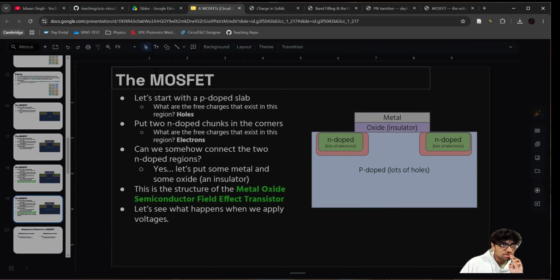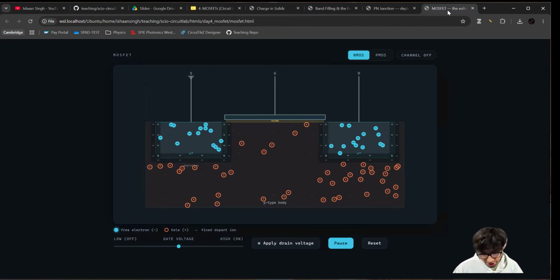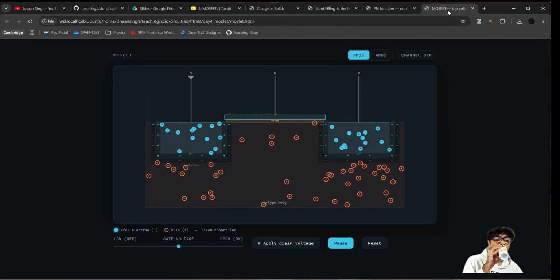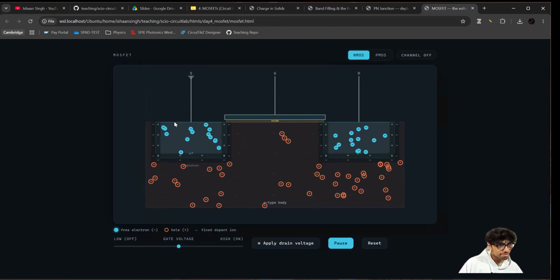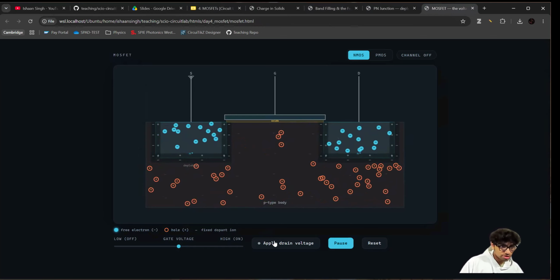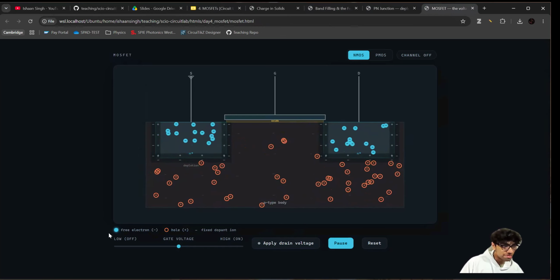So let's look at what happens when we apply voltages to this material. It'll be helpful to use this demo to do that. So this is an N MOSFET. We have a big P-type body.